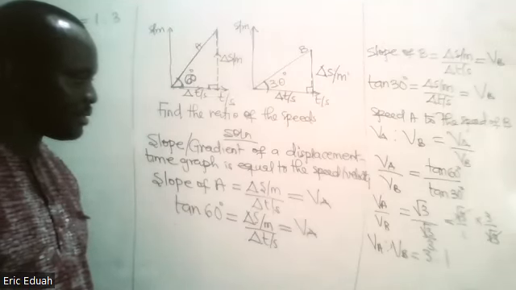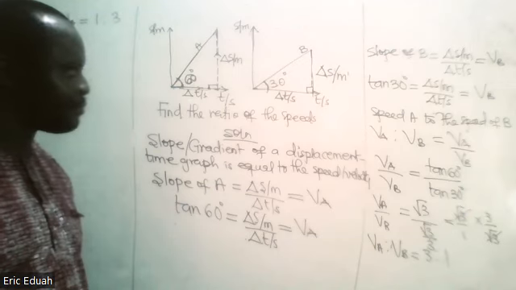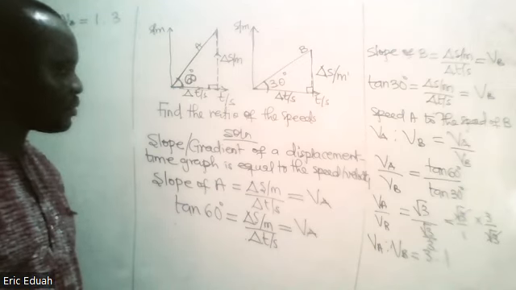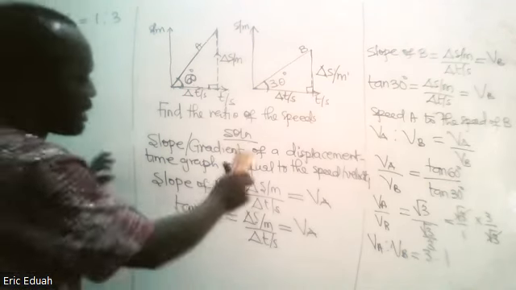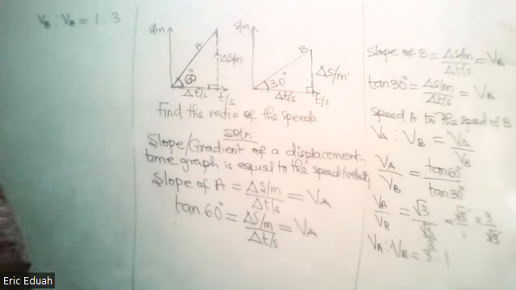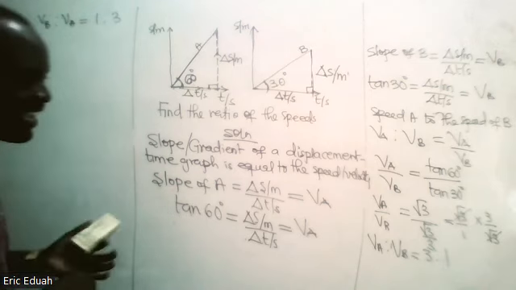After you did the root 3 on the root 3 over 3, why did you bring the root 3 at the down part? Okay, can I clean this side of the board? Okay, let me use this side of the board rather.